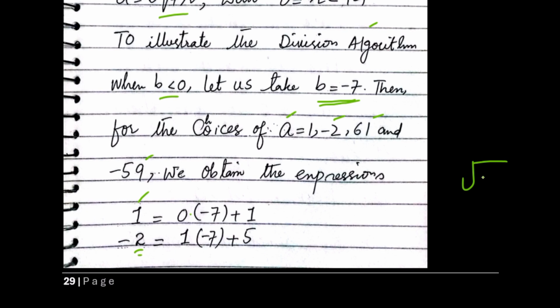If you divide minus 2 by the divisor minus 7, minus 7 ones are minus 7. This gives plus 5. So you can write it as dividend is equal to divisor, that is minus 7, into quotient plus remainder.